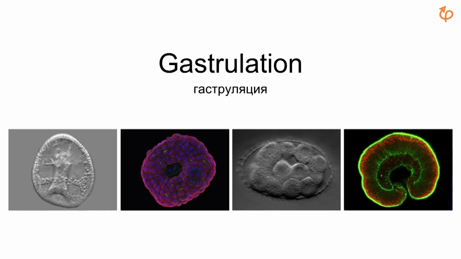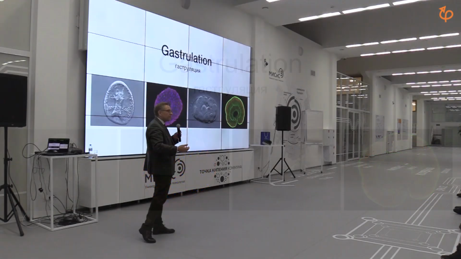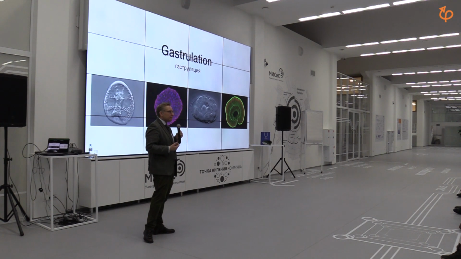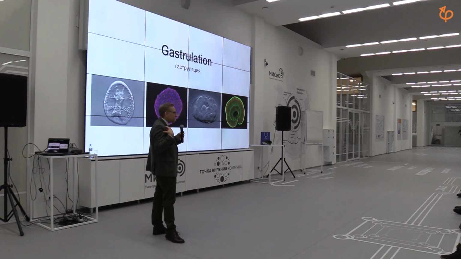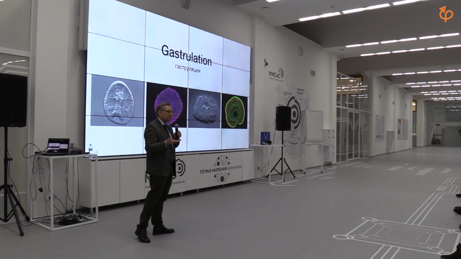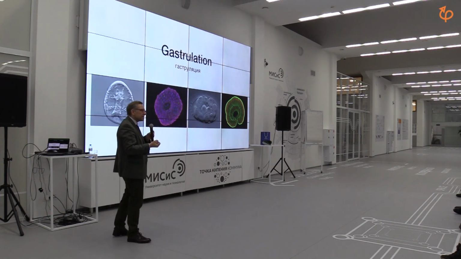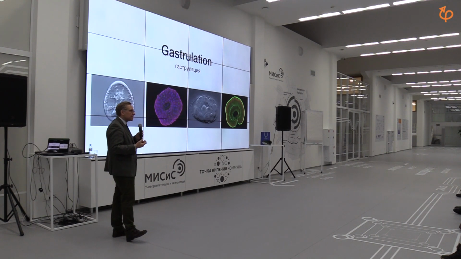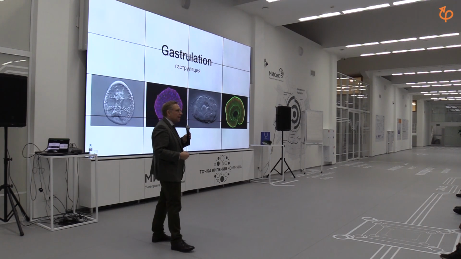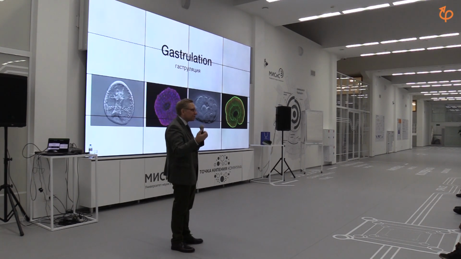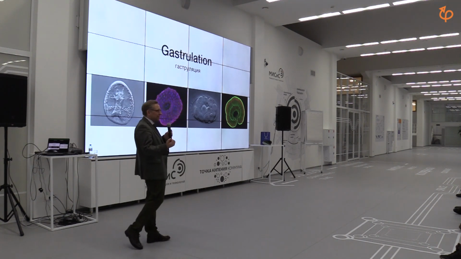Then I told you the next step is the time point where you have this ball of cells and you put cells inside the embryo to form the digestive system, for example, also the musculature. So all your inner organs were built by cells which integrate during embryogenesis into your body, okay? And this process is called gastrulation, right? One famous embryologist has said this is not birth, not marriage, not death, the most important thing in time, it's gastrulation.